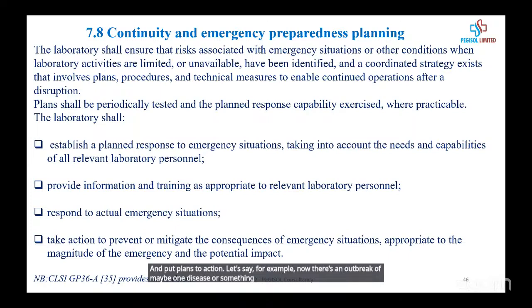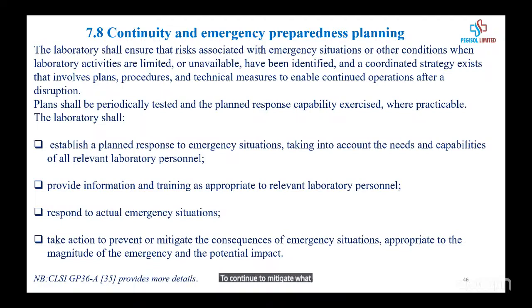Let's say, for example, there's an outbreak of a disease within the lab, or even a hospital infection and many people are coming down with a particular thing. The emergency preparedness team will put measures in place to contain and mitigate the effect of those emergencies.